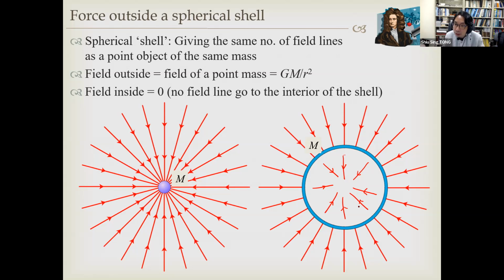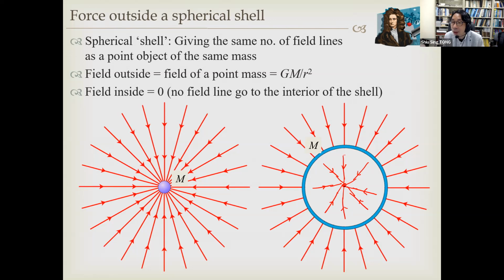But if I consider a field pattern like this, all the field lines will be converging to a point at the center, right? But that means there is a point mass there, otherwise that would not be converging to a point. But that is not the case. This is the case of the point mass.